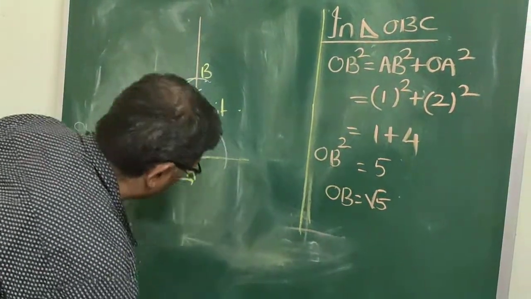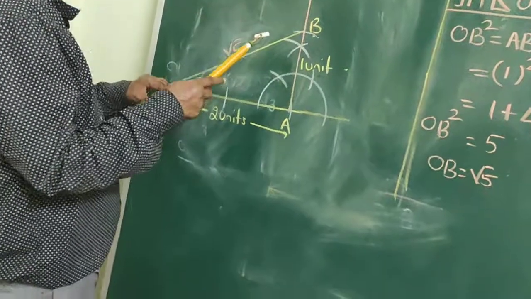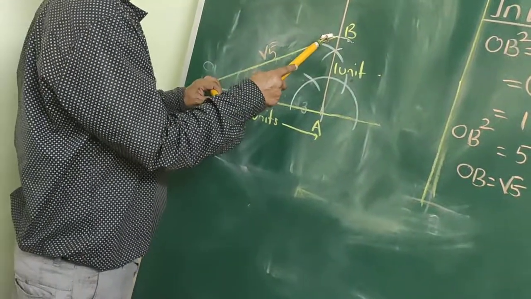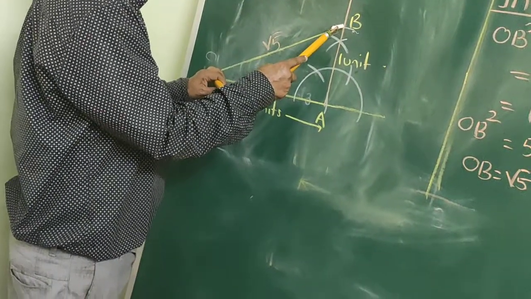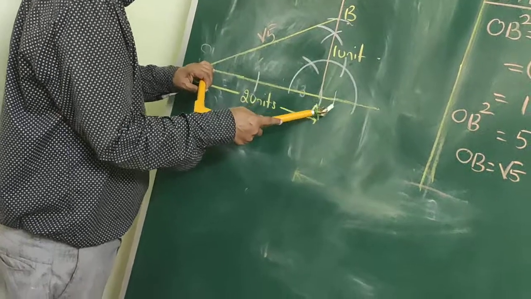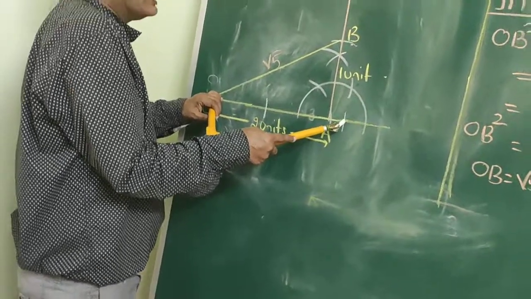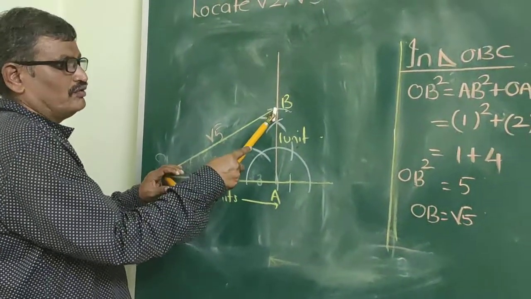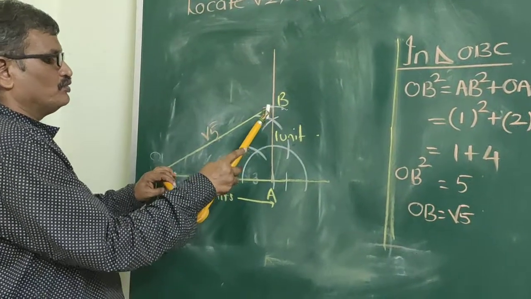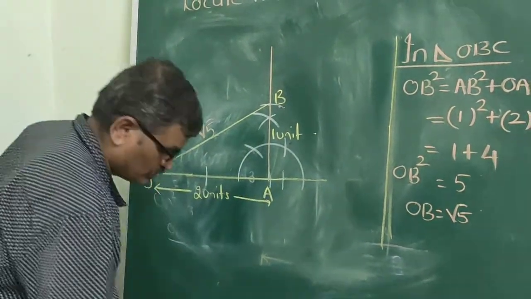So this I will take as root 5. This is the length of root 5, and this root 5 I will mark here. So this length root 5, this length root 5, they are equal. You can see here very clearly, this is also equal to root 5.